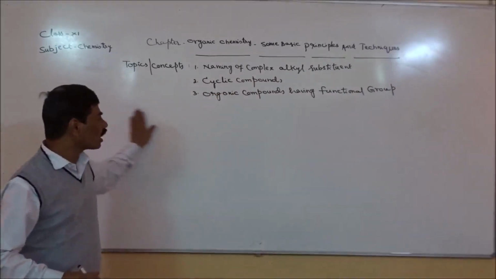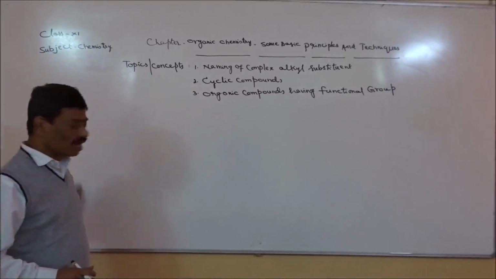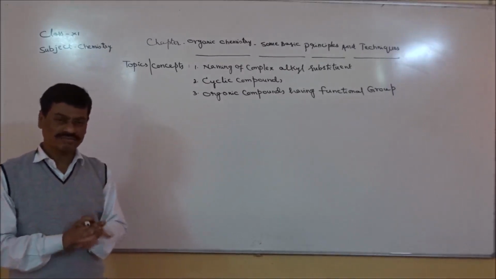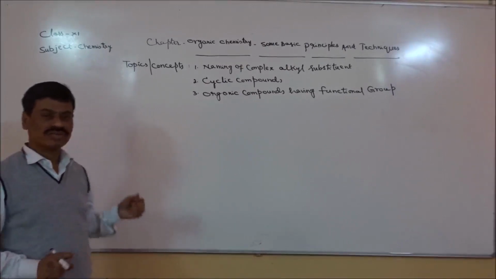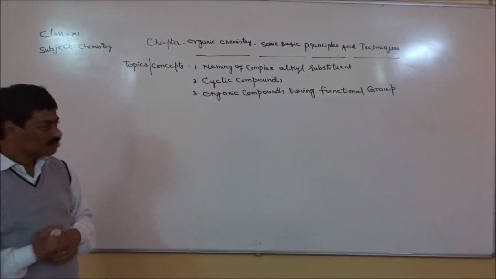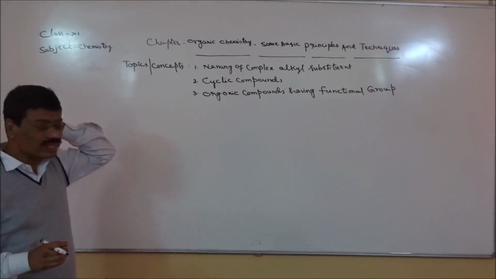Functional group means active part. And alkyl radical is the hydrocarbon part, right? It can be a long chain. So, organic compound having functional group.